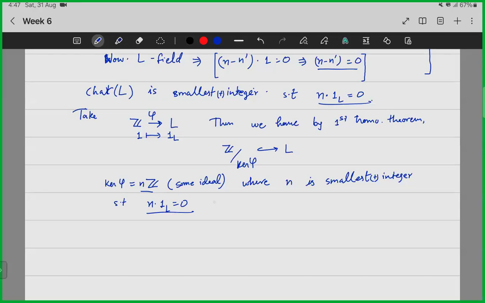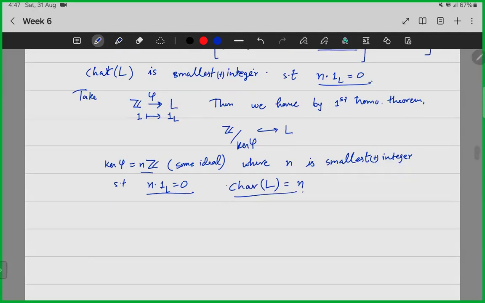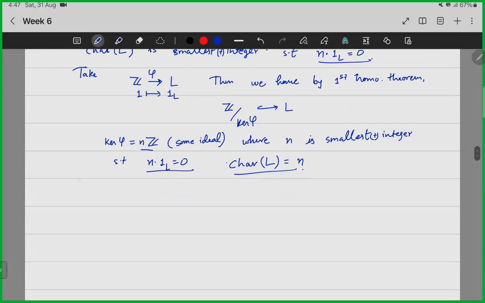So this implies N is also the characteristic of L. This is N. Why should N be prime? That is our claim. The question is: why is N prime?